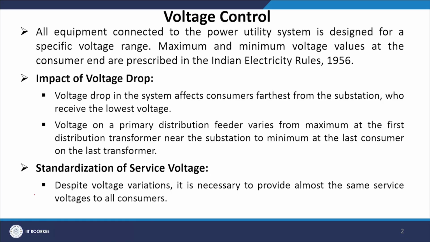Now, voltage on a primary distribution feeder varies from maximum at the first distribution transformer near the substation to a minimum at the last consumer on the last transformer. Hence, despite voltage variation, it is necessary to provide almost the same service voltage to all consumers.